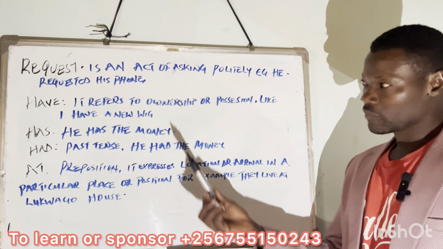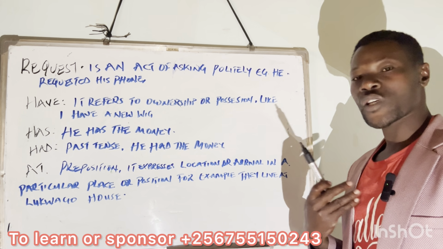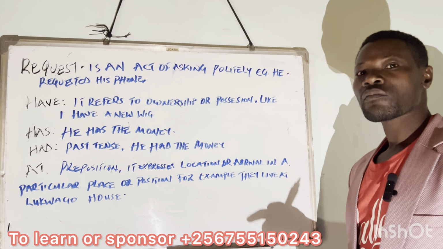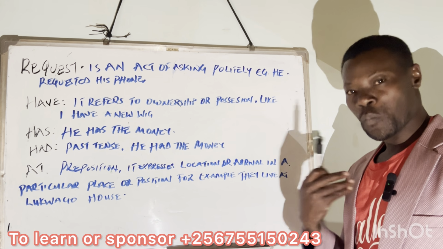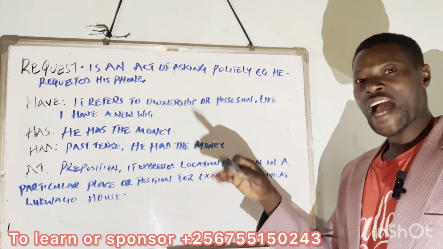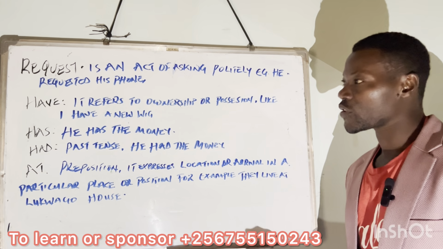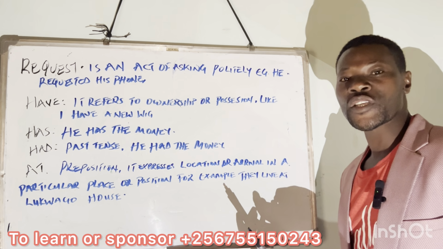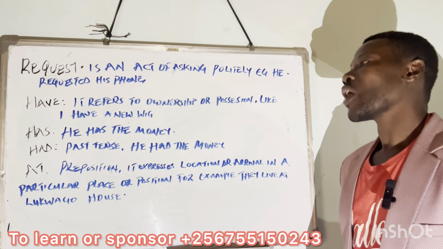Has. Ate have eyo ekozesebwa gwe ayogera, omuntu omu. It's used for the one speaking person, or the many others who are many, and himself including others. We can say, we have a wig. Tulina wig. They have a wig. Okay.